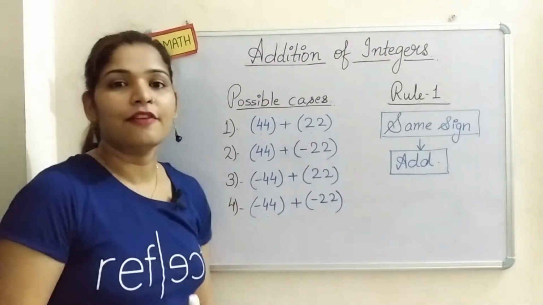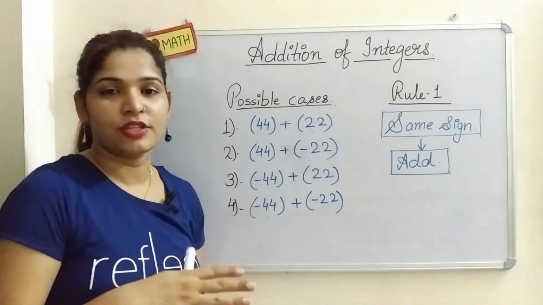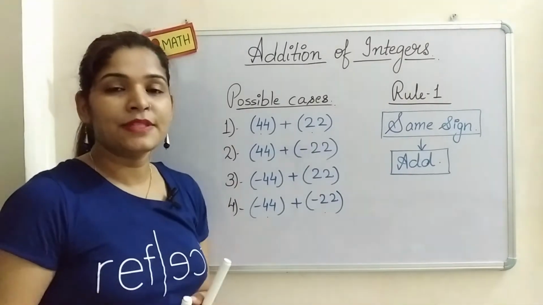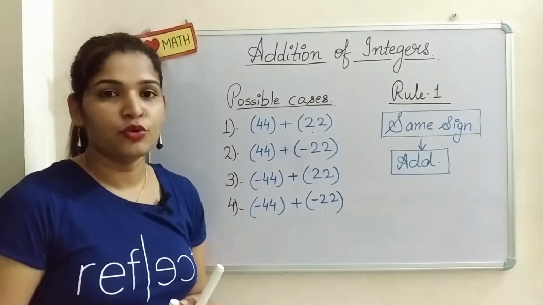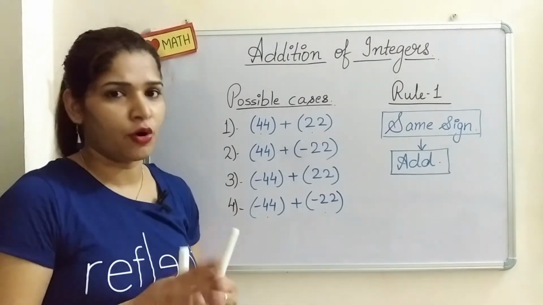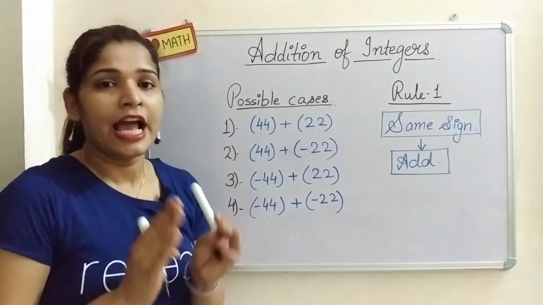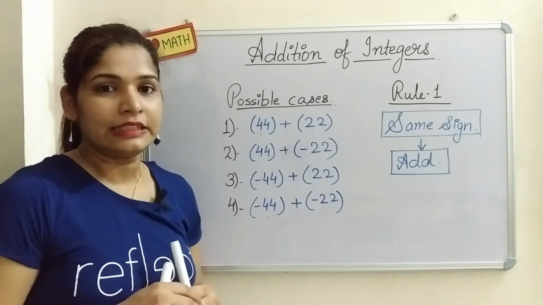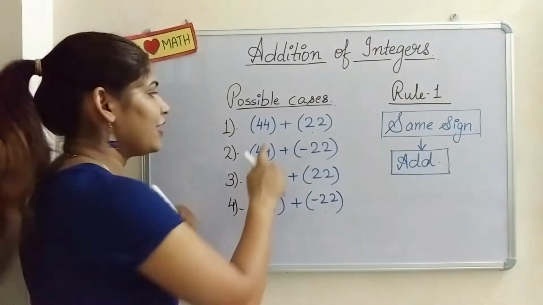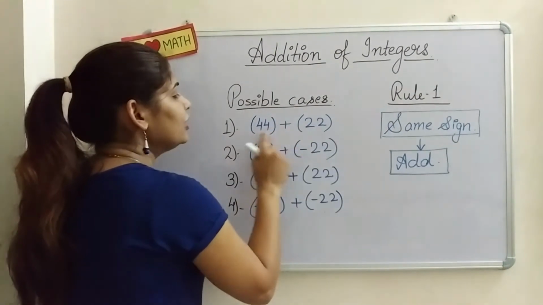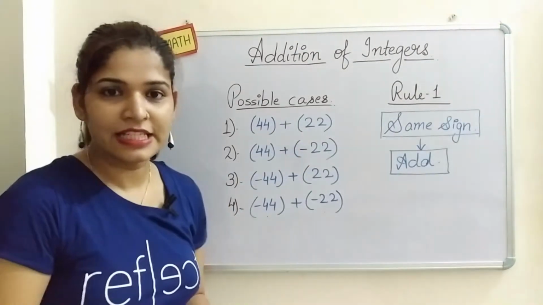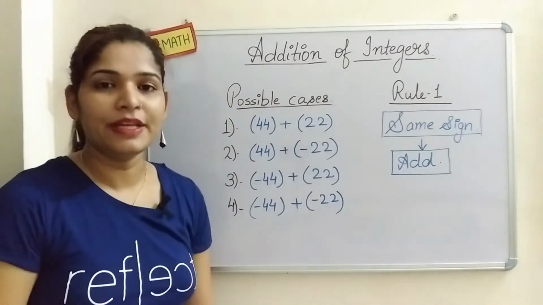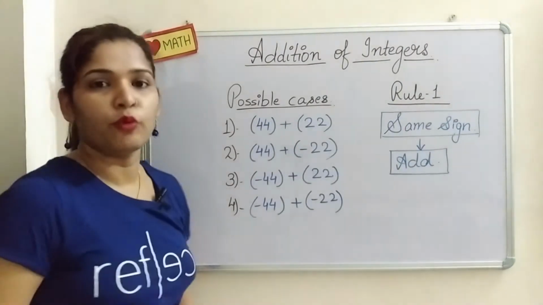Whenever we have integers with the same sign, either positive or negative, we add the absolute value or the numeric value of both the integers without seeing the sign, and afterwards we put the common sign. When both the numbers are positive, the sign will be positive itself. When both the integers are negative, the sign will be negative. Let us see by solving both the cases.